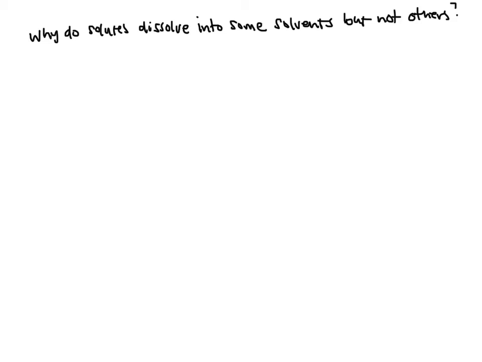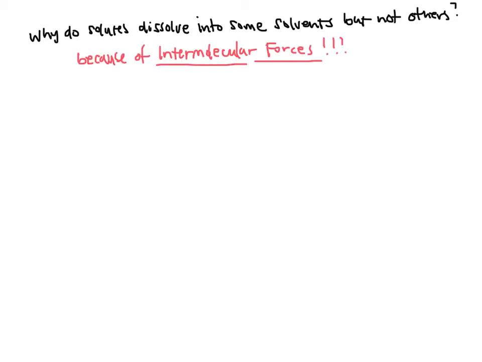Why is that? Well, you actually already know the answer. And it has to do with intermolecular forces. Remember, intermolecular forces are the forces of attraction between molecules. So some molecules are attracted to other molecules through intermolecular forces. And if they're attracted to one another, then they're going to dissolve into each other.